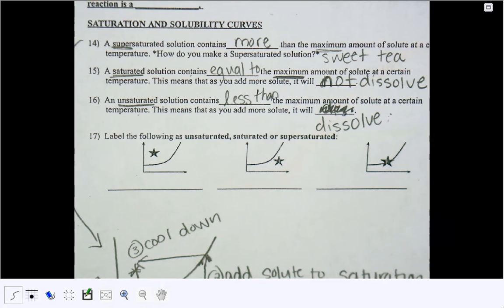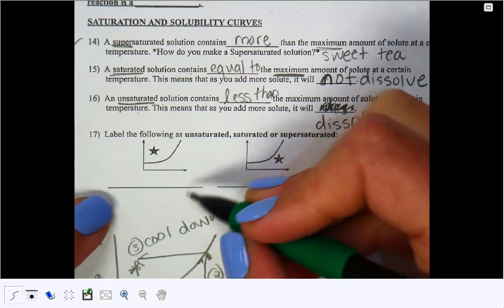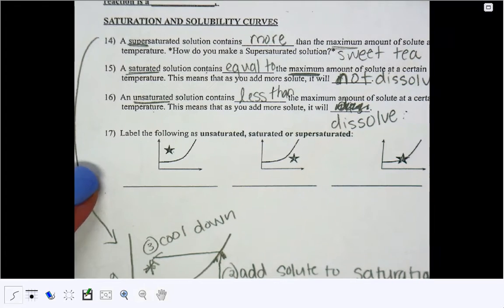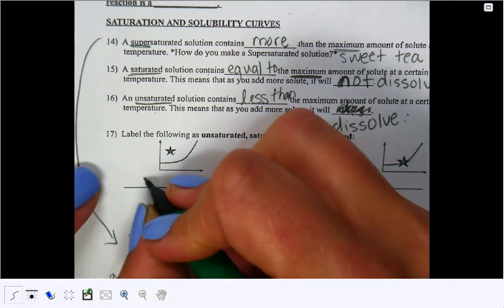All right. And then number 17, we kind of already used these words on at least one of the questions. So labeling the following as unsaturated, saturated, or supersaturated. The first graph that we have a star that's above the line. So which one is that one?